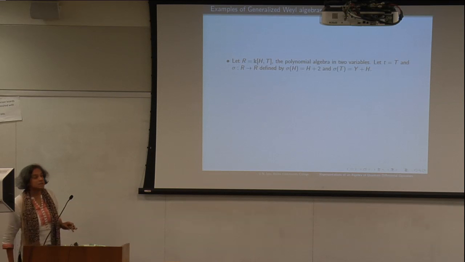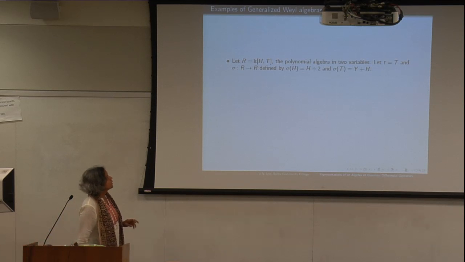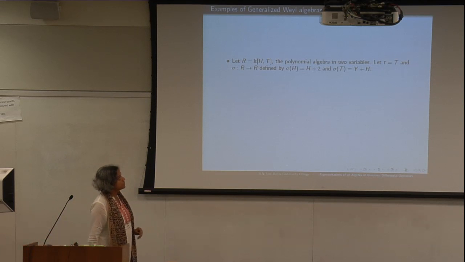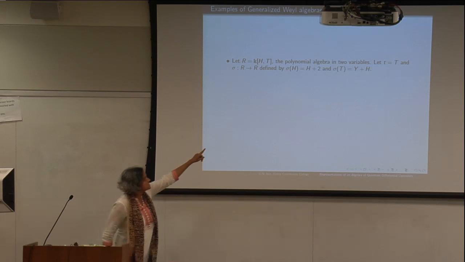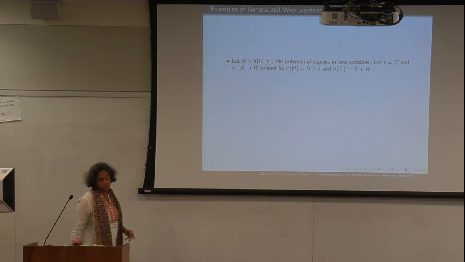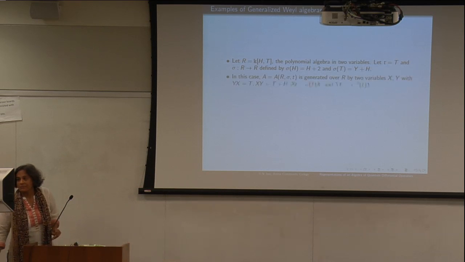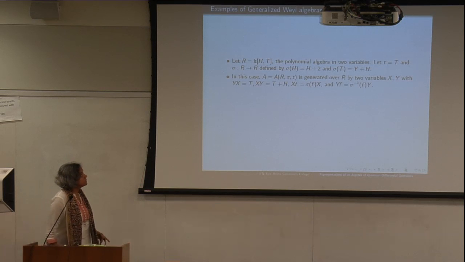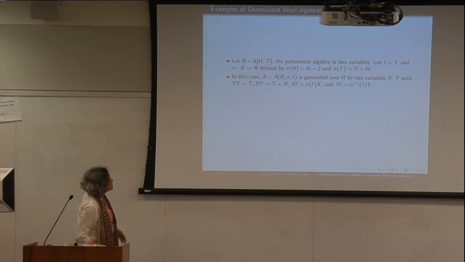Here is one more example. Start with the polynomial algebra in two variables. Take little t to be one of those, and the automorphism is defined likewise. So we again construct the generalized Weyl algebra.